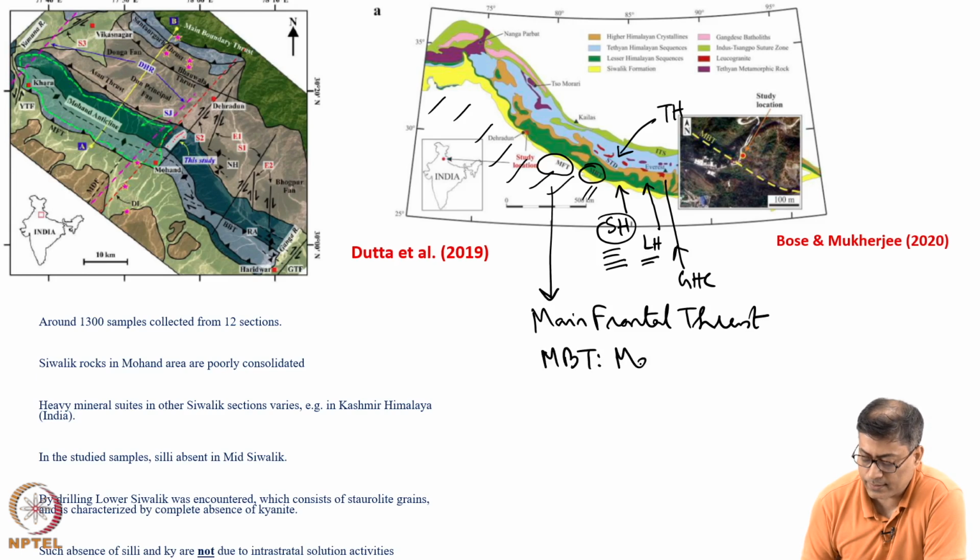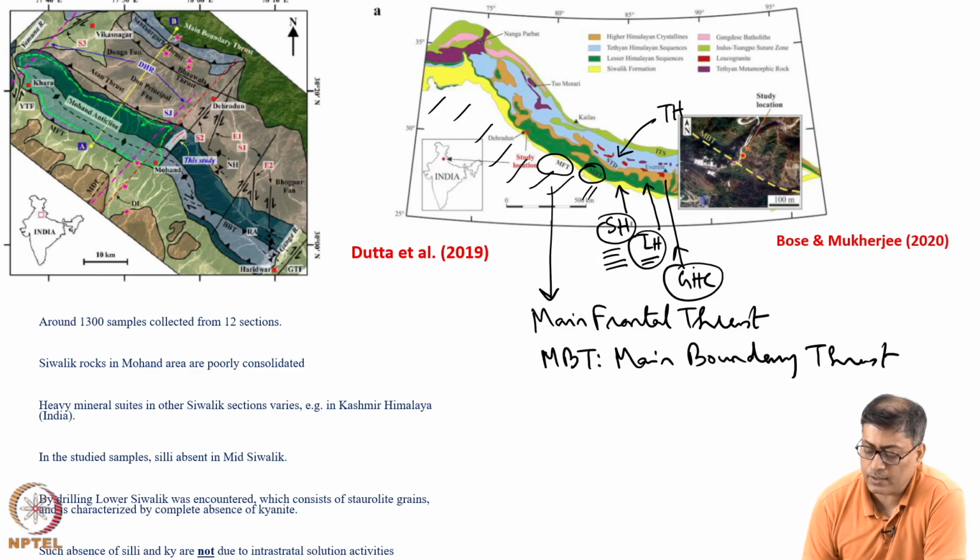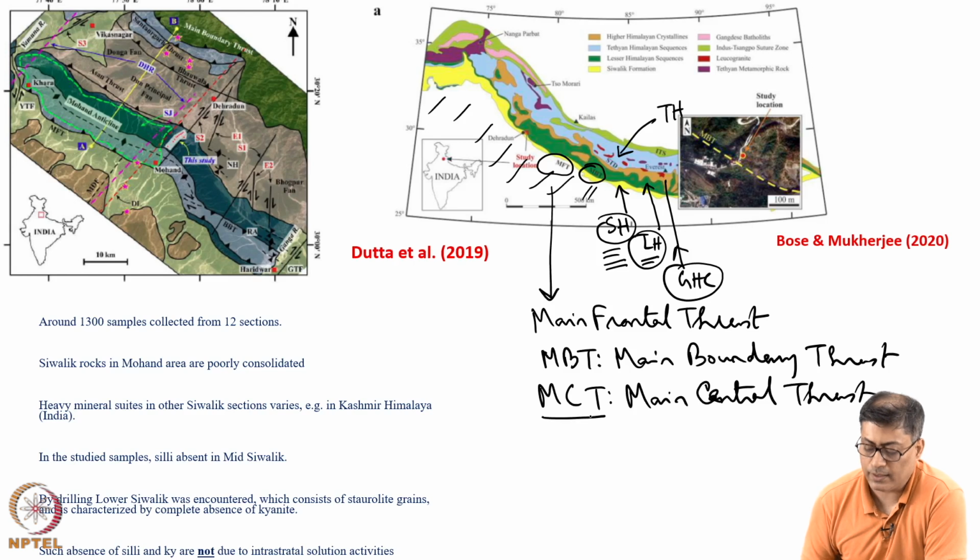The full form is main boundary thrust, and the contact between the lesser Himalaya and the greater Himalayan crystallines is known as the main central thrust, in short, MCT.